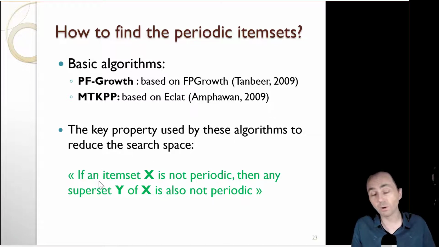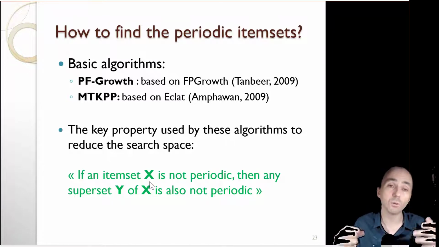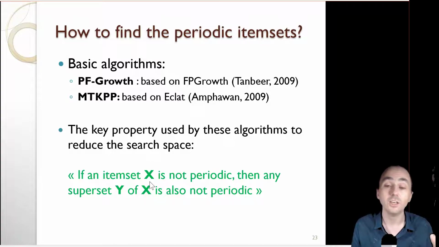So there is a powerful property. It says if an item set X is not periodic, any superset of X is also not periodic. So for example, if AC is not periodic, then a superset like ACD cannot be periodic. So we don't need to look at all these other supersets, the combinations like ACD.